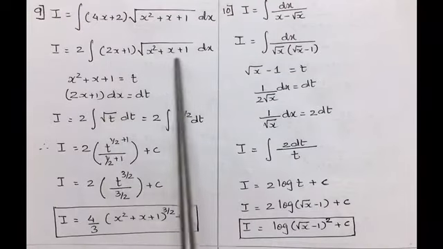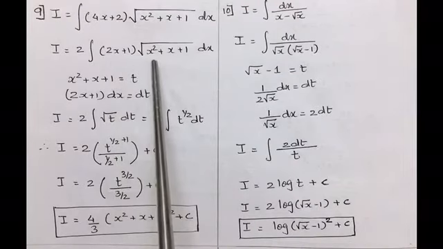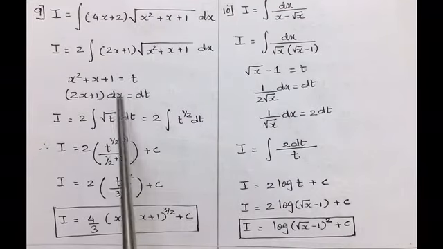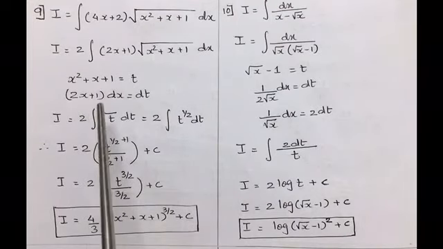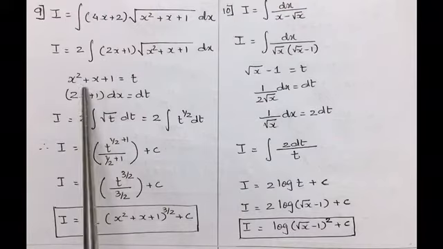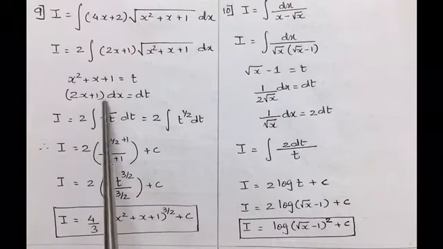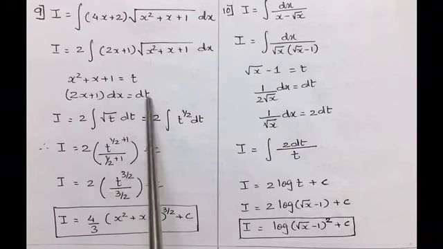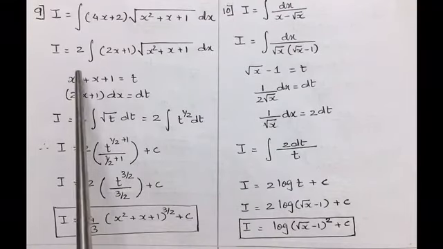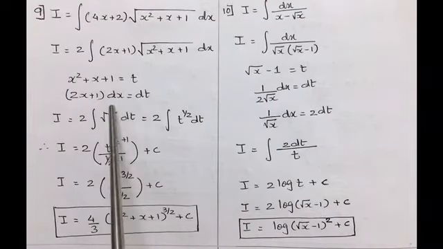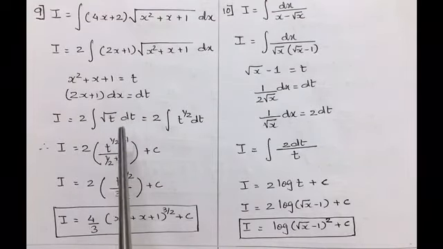Now there is no direct integration, so the term inside the root is assumed as t. Now differentiating x square plus x plus 1, we get 2x plus 1 dx equals dt. Derivative of x square will become 2x, derivative of x is 1. So this is the form that we will get.